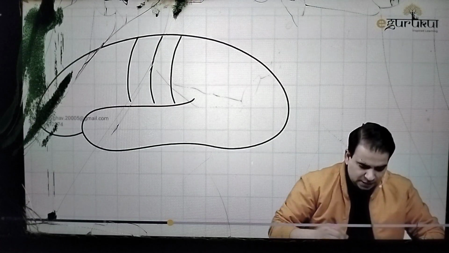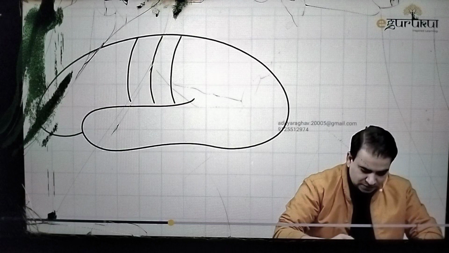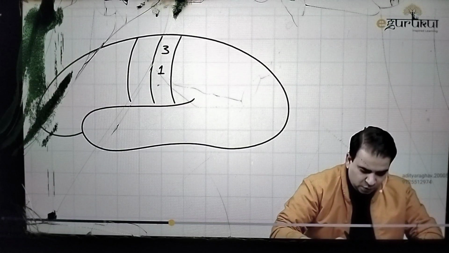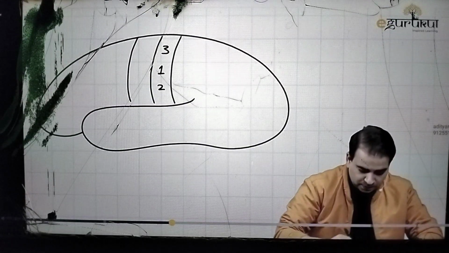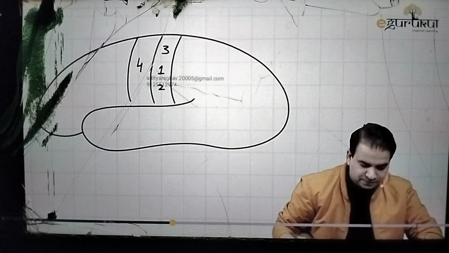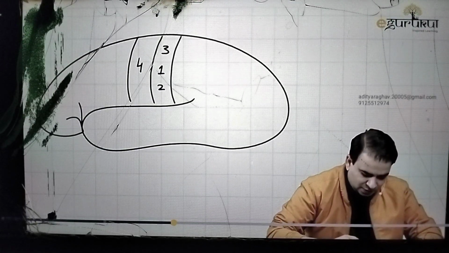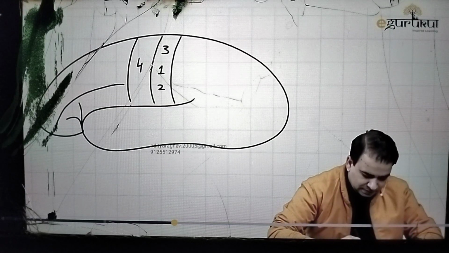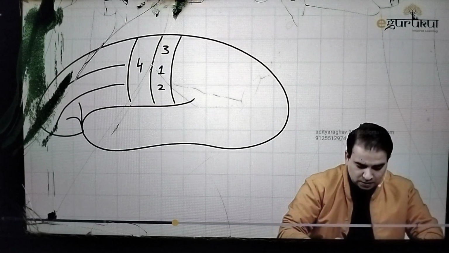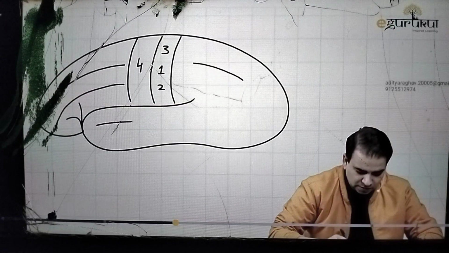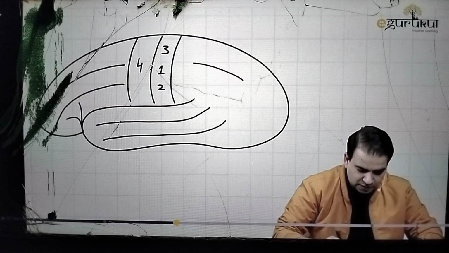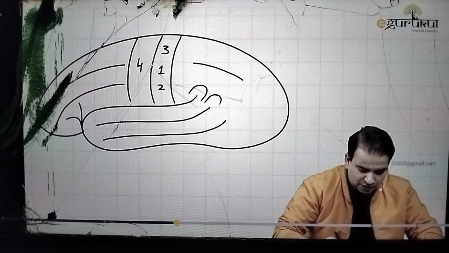Now please note that the post-central gyrus is the sensory area, that is area number 3, 1 and 2, whereas the pre-central gyrus is area number 4. If I may draw these extensions of the lateral sulcus, which are present in the inferior frontal gyrus, that is the superior and inferior parietal lobule, and once again the temporal lobe, and behind that we have the supramarginal and angular gyrus. So this time we'll be writing the numbers of these areas.